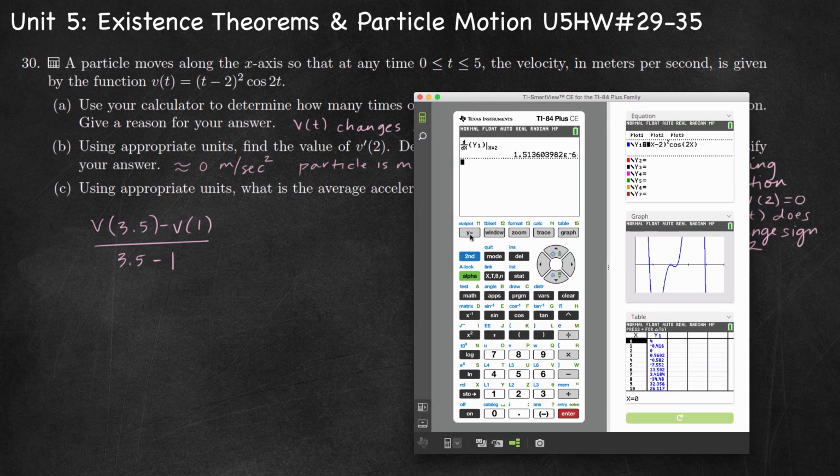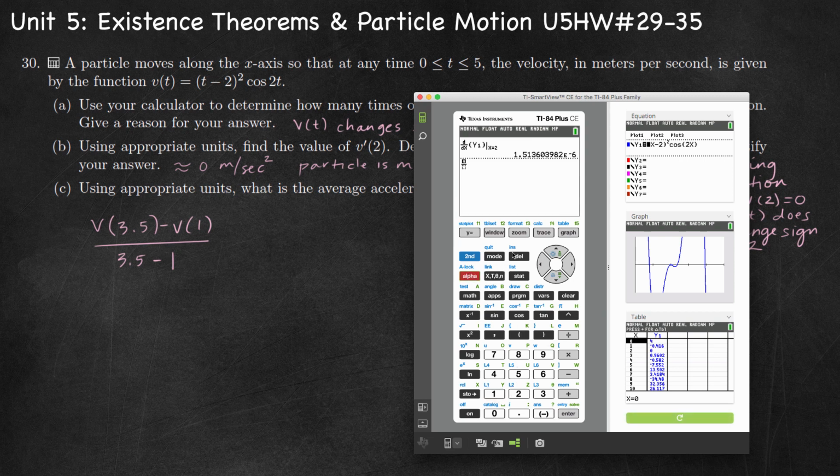So here, I still have my velocity equation in y1. So I just want to find y1 of 3.5 minus y1 of 1. So let me quit. And let me go into my fraction F1 menu.